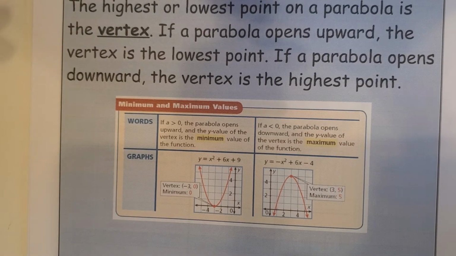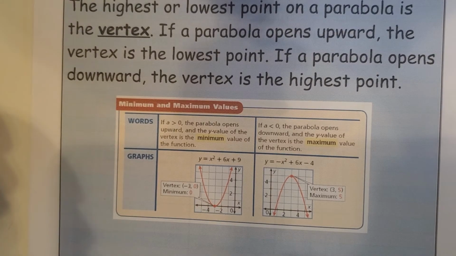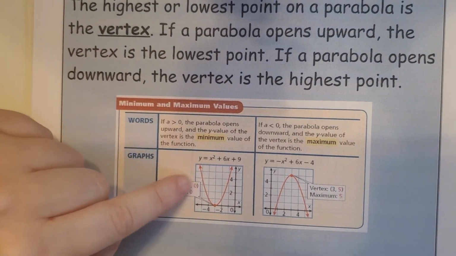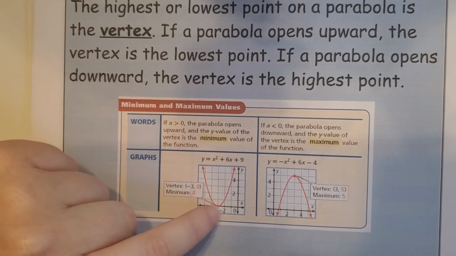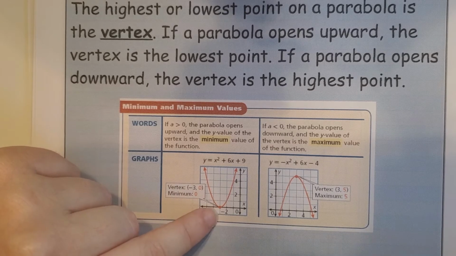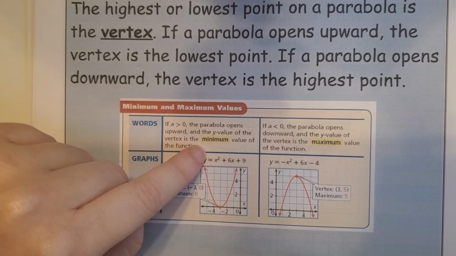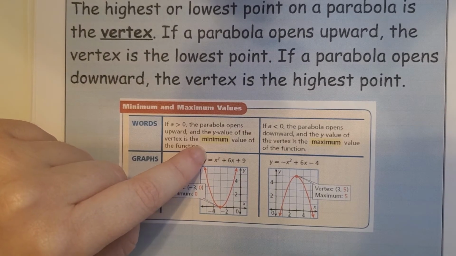All of these things go together when you look at it visually. If your parabola opens up, your vertex is going to be at the bottom of the bowl, so your vertex is the lowest point. Since it's the lowest point, we would call it the minimum. That's what minimum means.